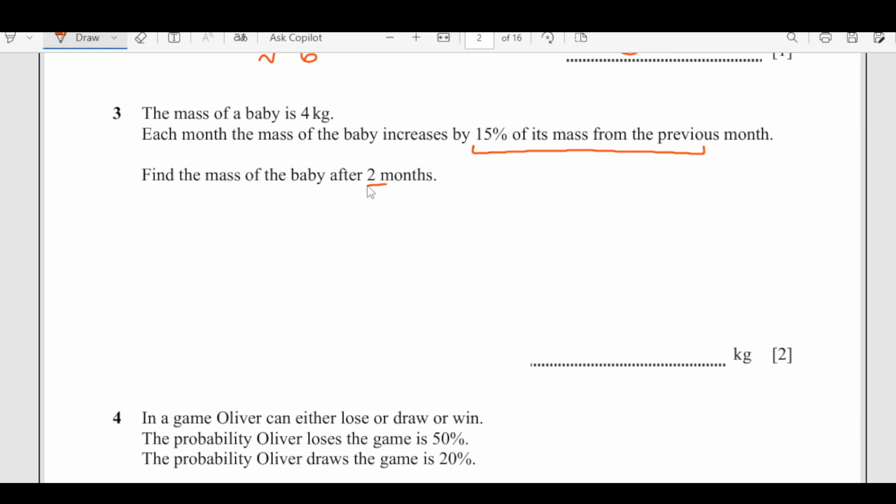So for the first month, it is going to increase by 15% from the previous month. So 15% of 4 kg is 15 over 100 times 4, which comes out to be 60 over 100, and the 0 and 0 are gone.